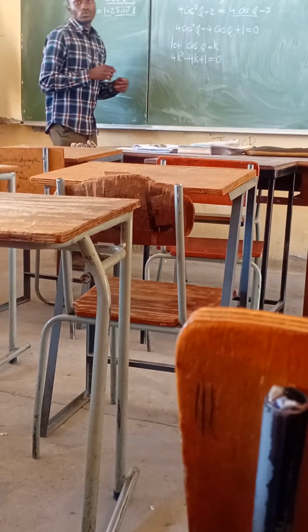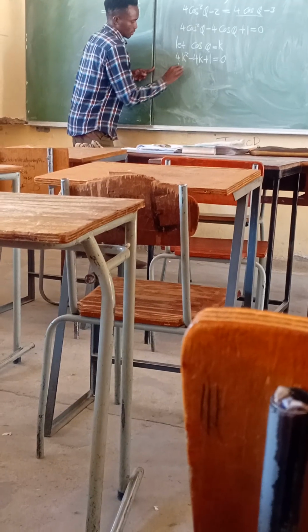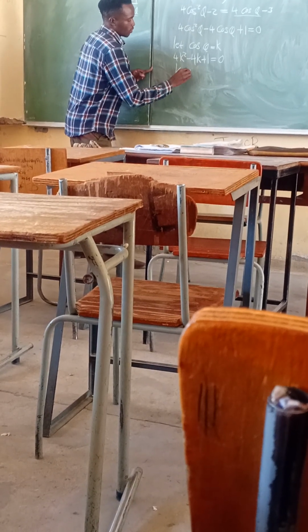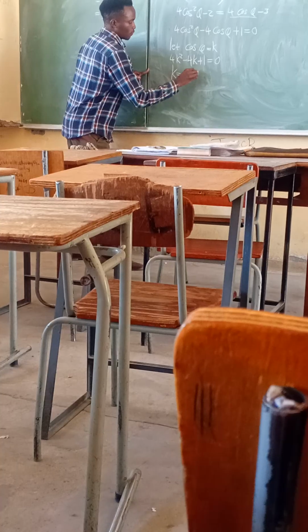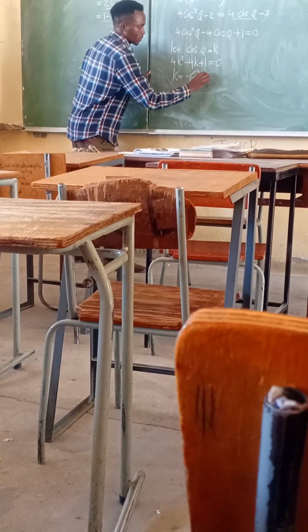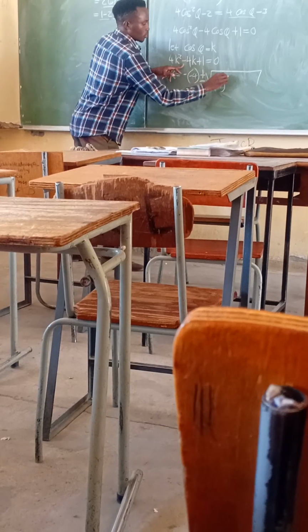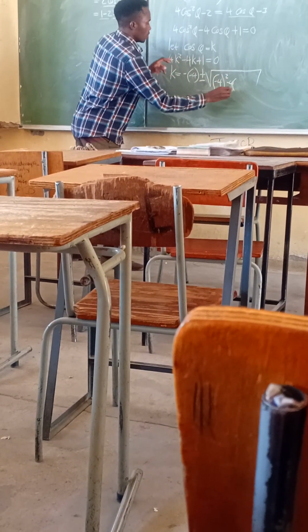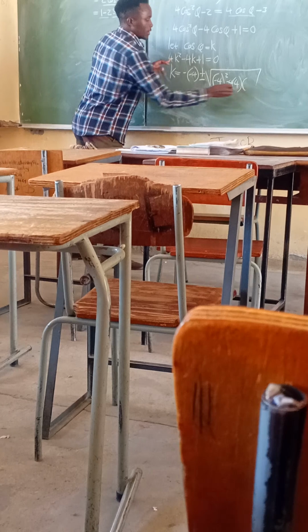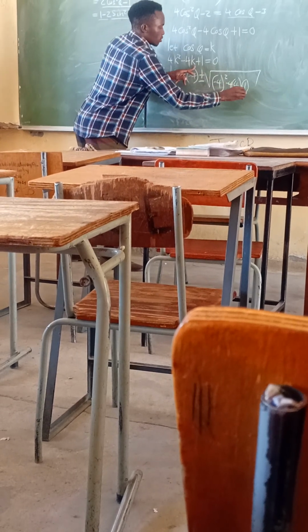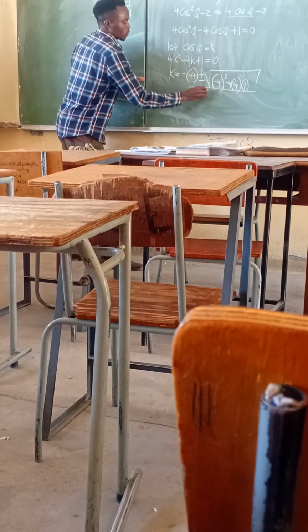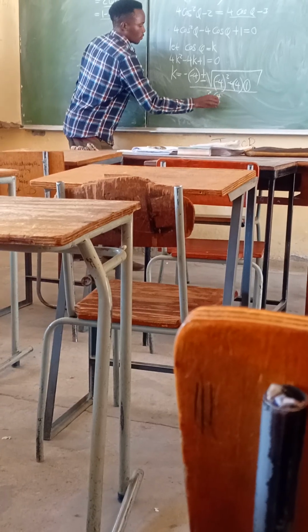I think it's a long story, but we can use quadratic. k is equal to negative b, which is negative 4 plus or minus the square root of b to the power 2, negative 4 to the power 2, minus 4ac, it's a 1. Everything is over 2a. a is a 4.